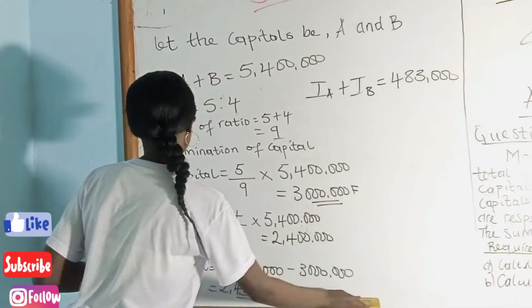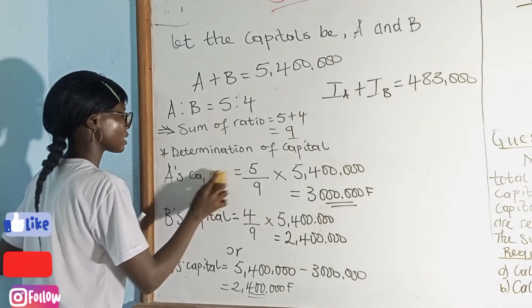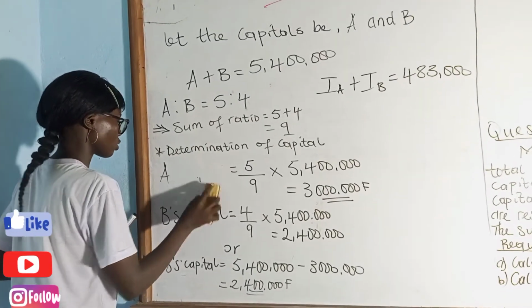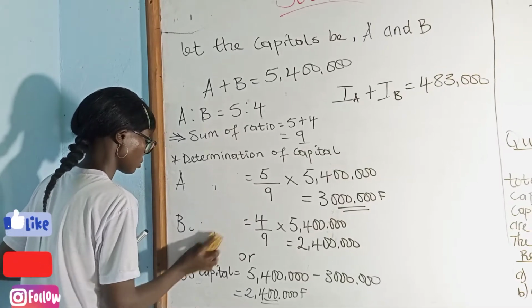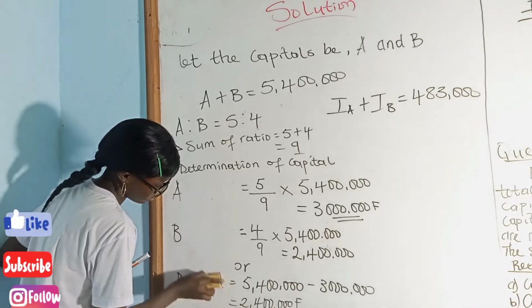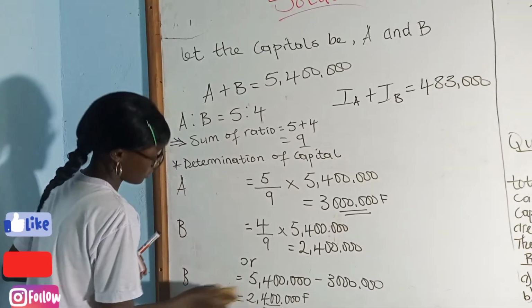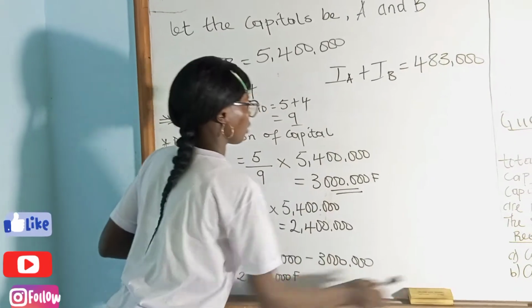What we're supposed to say is A is equal to 3,000,000 and B is equal to 2,400,000, because we're going to define our capitals.